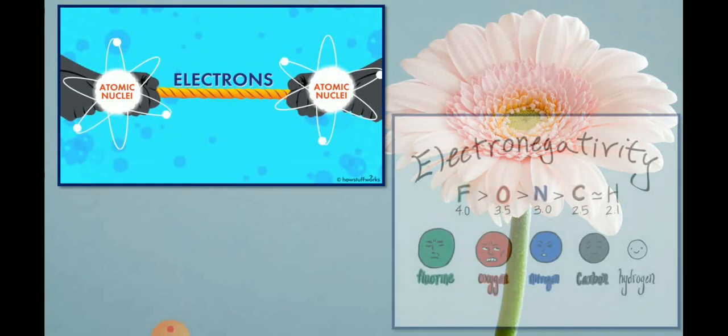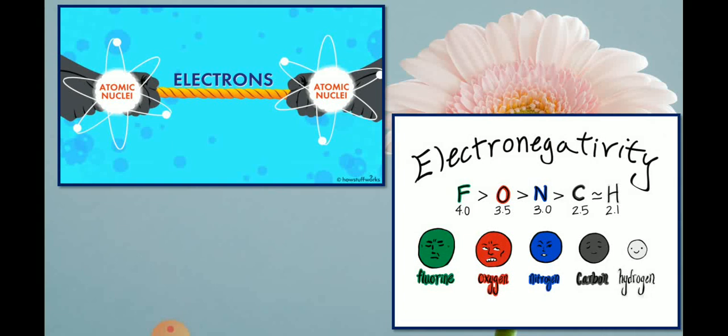Okay, so in the periodic table, which atom has the highest electronegativity? Fluorine. Fluorine is the element having the highest electronegativity value in the periodic table because of its smaller size. Because of its smaller size, it has more power to attract the shared pair of electrons. On the Pauling scale, fluorine has 4.0.